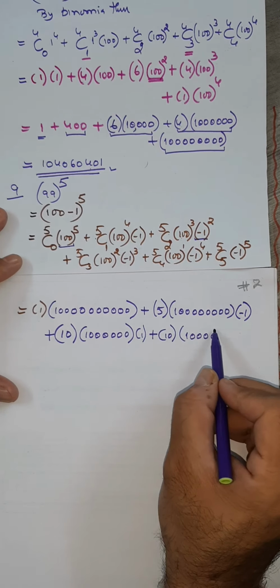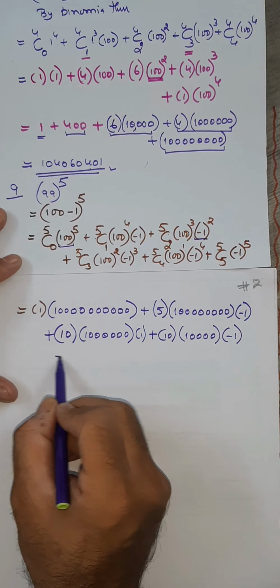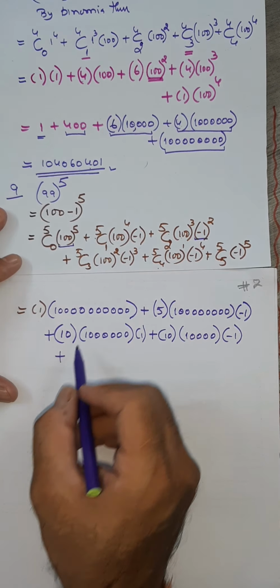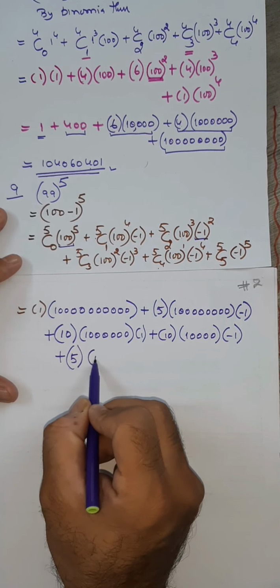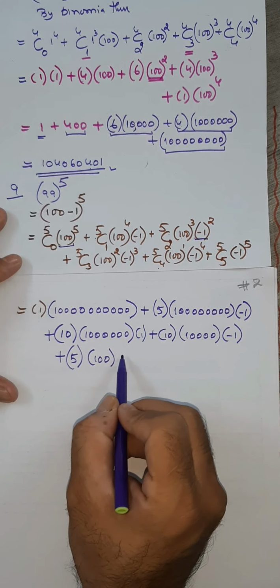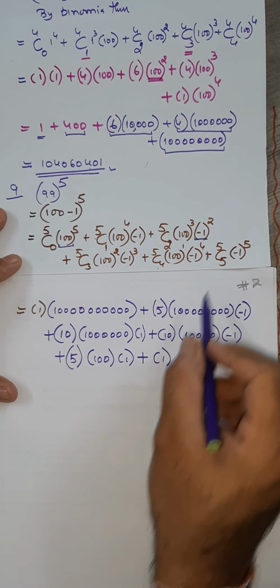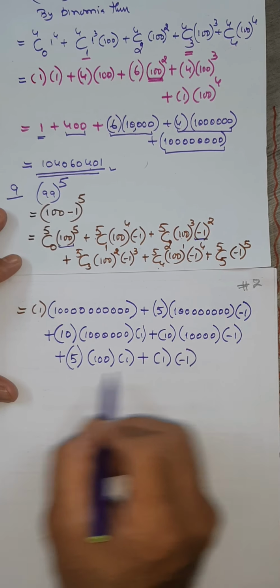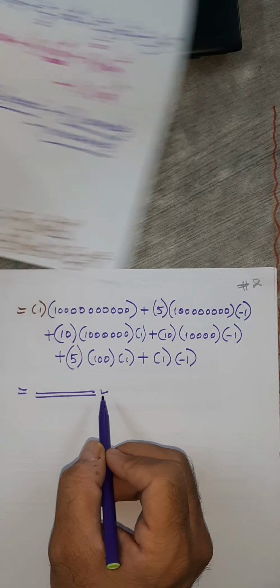Raised to 2 means 4 zeros. Minus 1 cube means here minus 1. 5C4 is same as 5C1, which is again 5, into 100, this is just 1. What's 5C5? It is just 1, and into minus 1. You simplify, so you'll get the final answer. This is what you need to do.